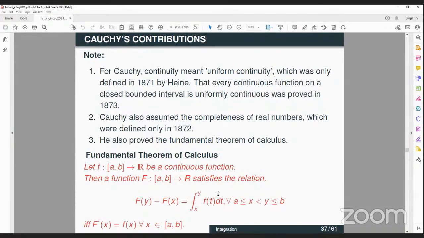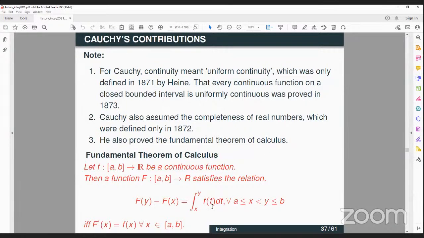Now in modern language, it says if f is a function from [a, b] to R, and capital F is a function again from [a, b] to R, and small f is continuous, then these two are related by this formula if and only if, that is important, F dash of x is equal to f of x. So you can interpret it as two parts. One part is if you recognize that small f is the derivative of capital F, then you can compute the integral.